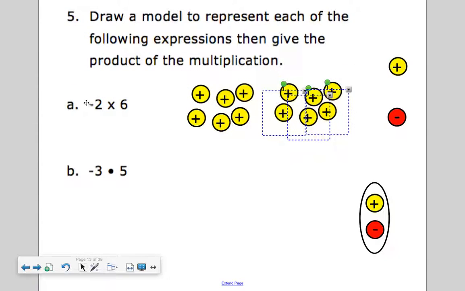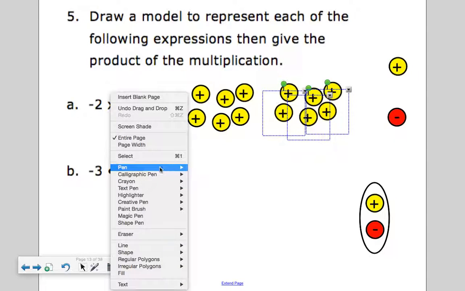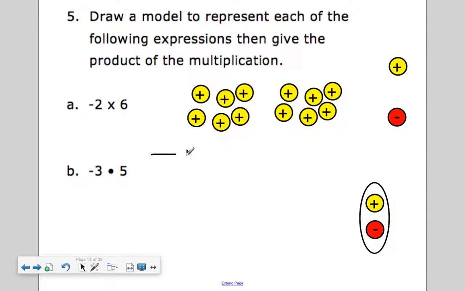So it says opposite of 2 times 6. What's 2 times 6? 12. Opposite of 12 would be negative 12. Let's look at our next example. Negative 3 times 5. That's saying the opposite of 3 times 5. What's 3 times 5? 15. Opposite of 15 is negative 15.